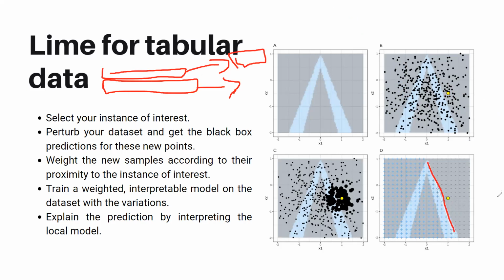But we don't train the logistic regression directly. We train it using specific weights. What are these weights? Basically, if a point is close to our point of interest, its total contribution to the loss function will be high.